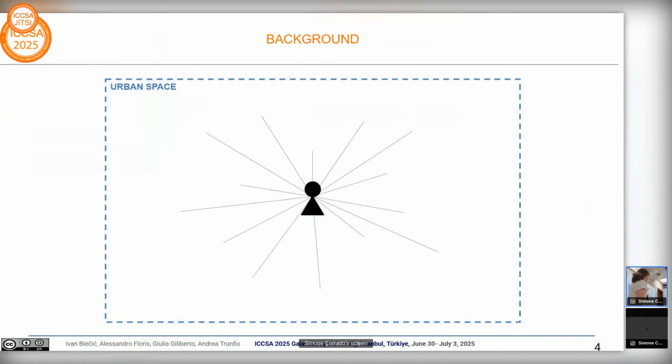Following these ideas, there has been a growing demand for methods for studying the complex relationship between people and urban spaces, to better understand how urban spaces are used, to inform public policy and in general to guide the transformations of cities.